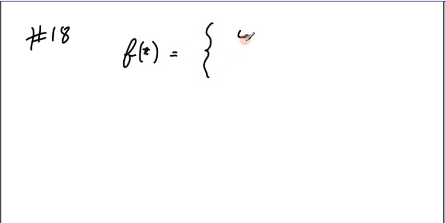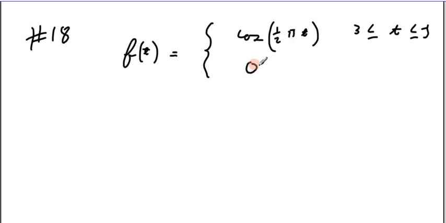Looking at number 18, and I look at f of t is equal to cosine half pi t between 3 and 5, and is 0 when t is less than 3 and when t is greater than 5.